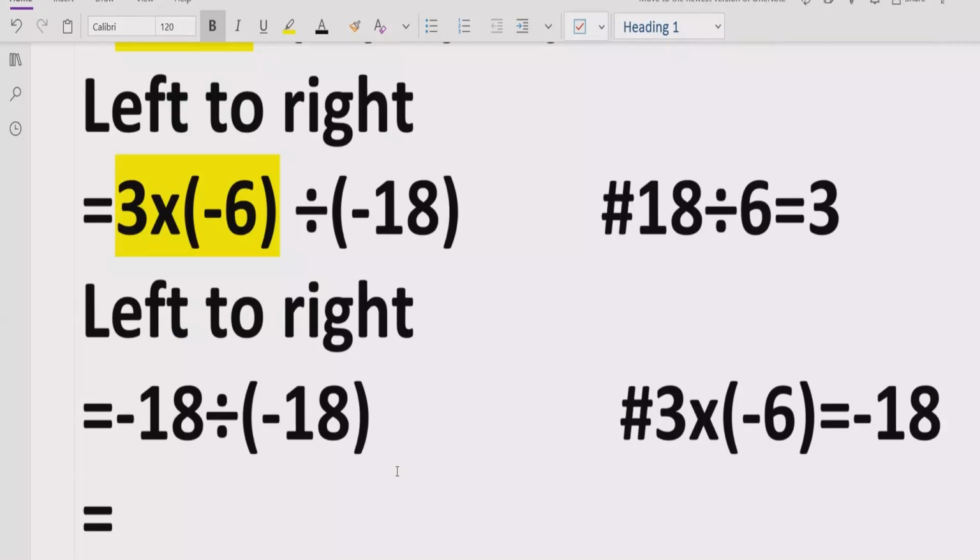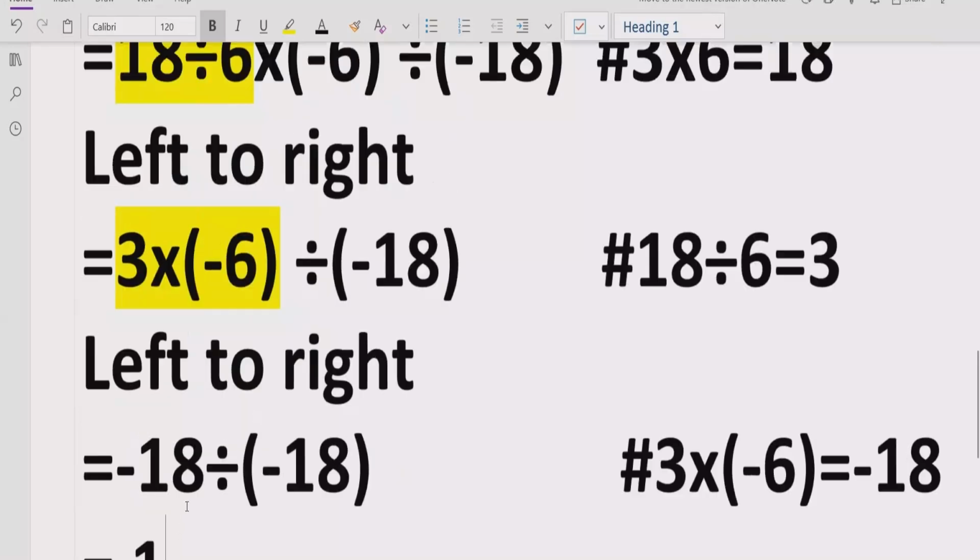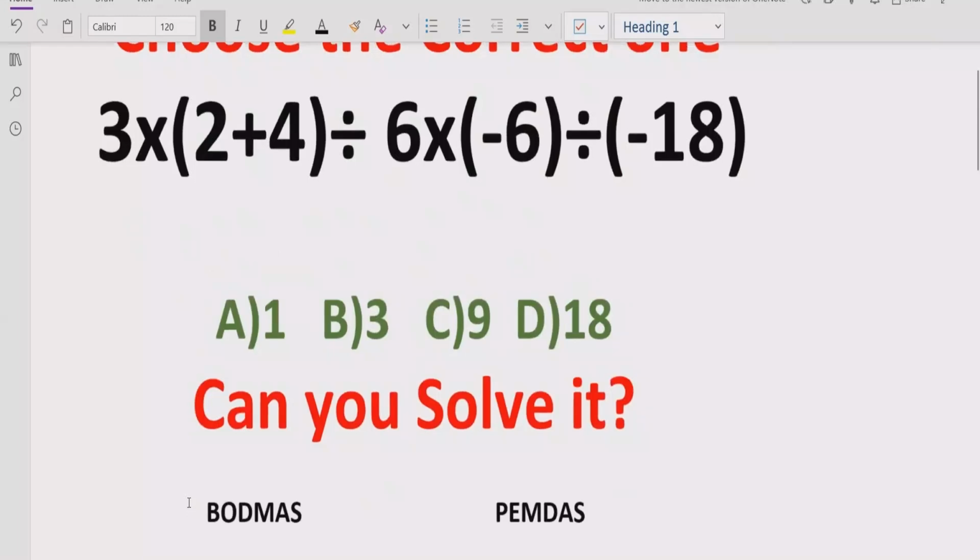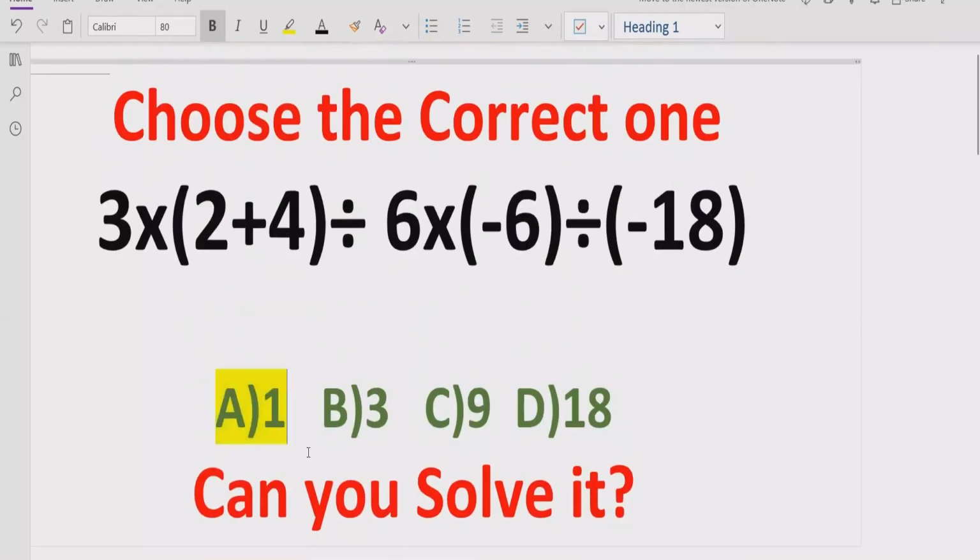And we have the minus sign with both numbers, in the denominator and numerator, so that's why we will write plus 1, not minus 1, because we have the minus sign with this one as well as the denominator. So we will write 1. If you see the answer list, answer A is the correct answer of this expression.